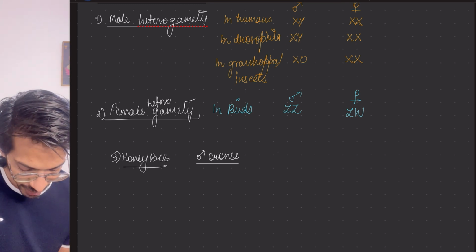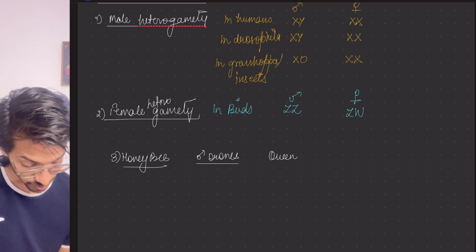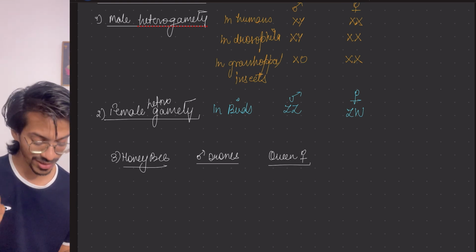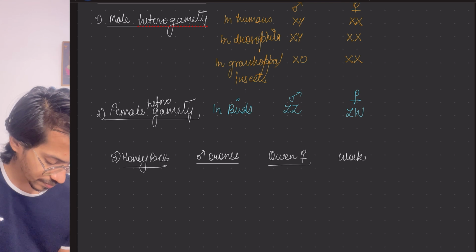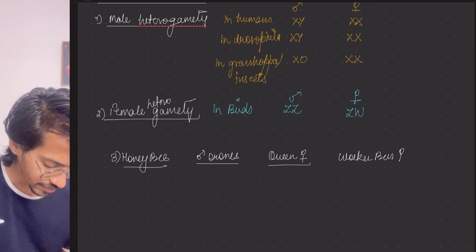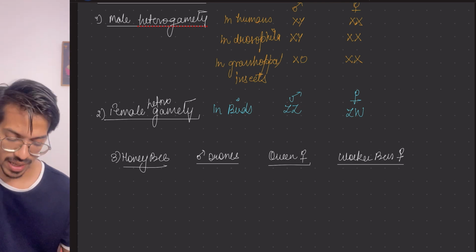Then we have the queen, who is a female. And the last are the worker bees, which are also female, but reproductively inactive.